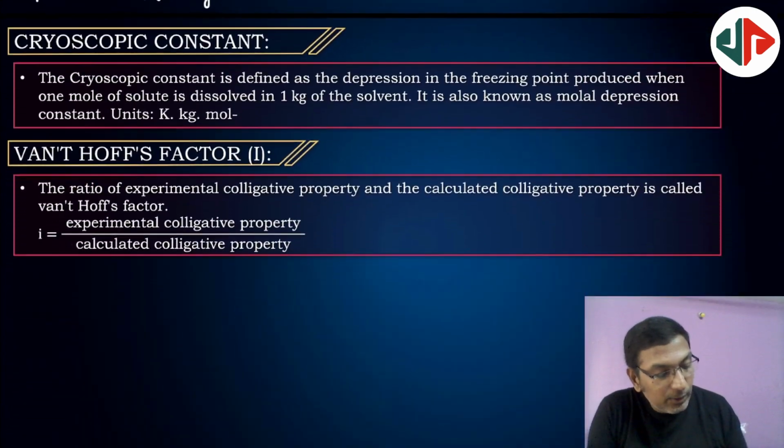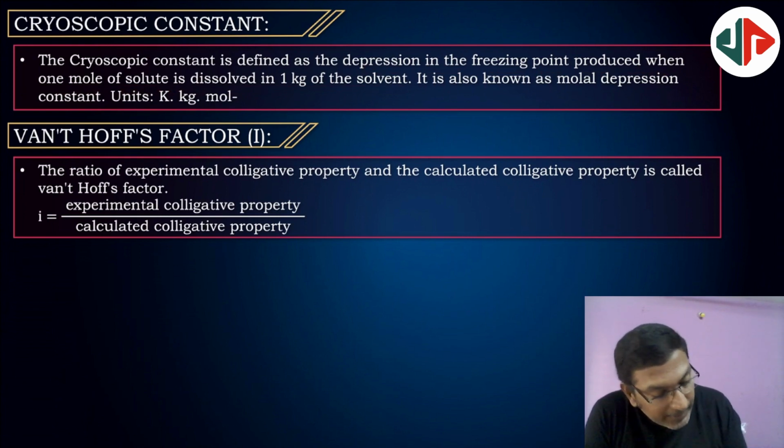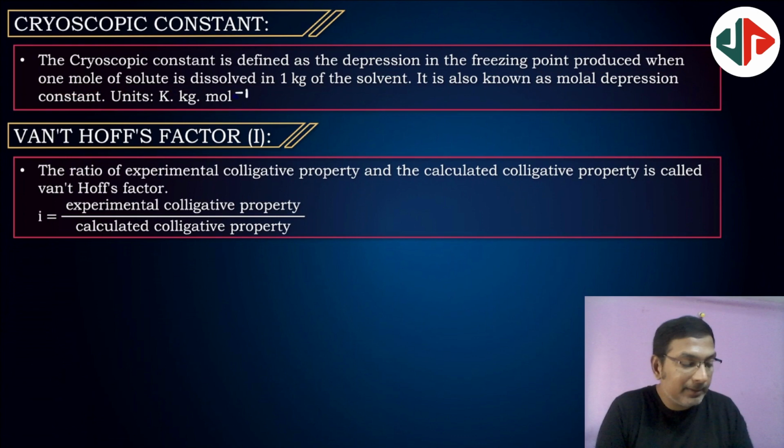Similarly, cryoscopic constant Kf is the depression in freezing point produced when 1 mole of non-volatile solute is dissolved in 1 kg of solvent. So here also same units, Kelvin kg mole inverse. Kb and Kf have the same units.